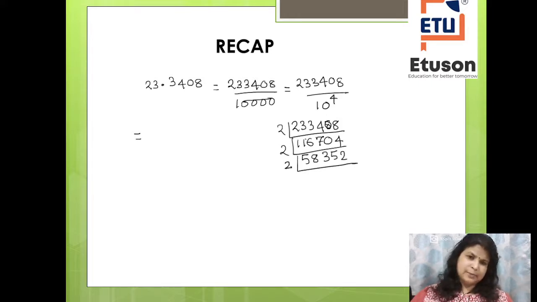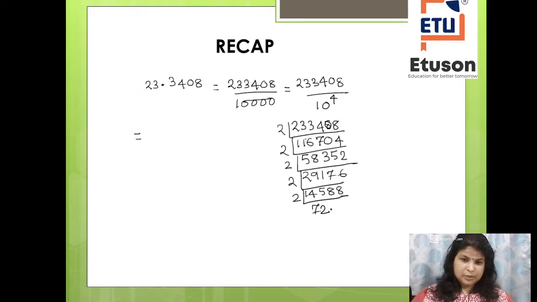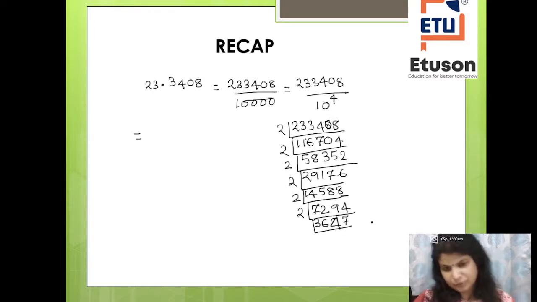Again it is divisible by 2, you have 29176. Then again it is divisible by 2, 14588. Again it is divisible by 2, you have 7294. Again it is divisible by 2, so you have 3647. Now it is not divisible by 2 anymore.